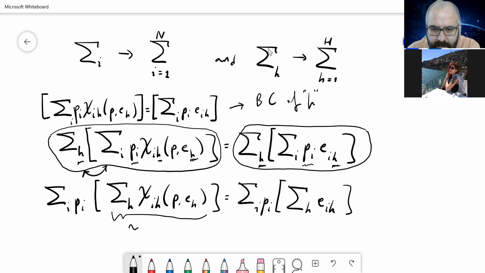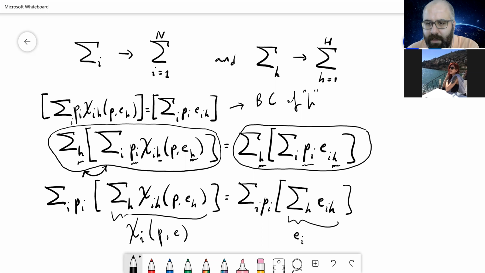basically, total demand for commodity i, and this is basically the total supply.